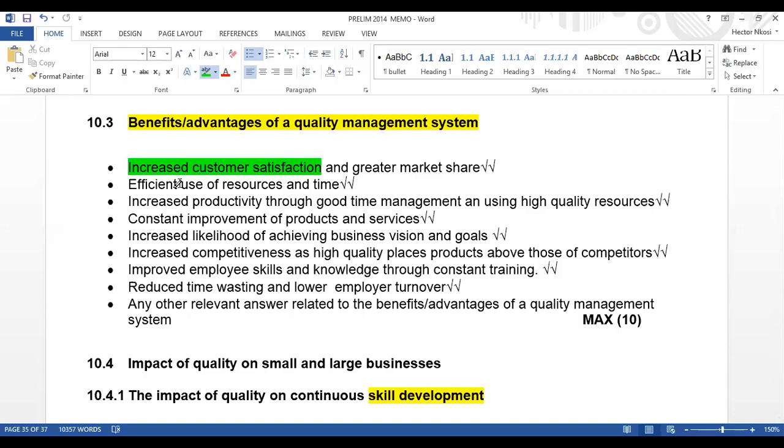Make sure that everything makes sense and you can talk about the essay. Once you understand something, you can talk about it any day, anytime. That's how you need to know your stuff. And these are the benefits or advantages of your quality management system.